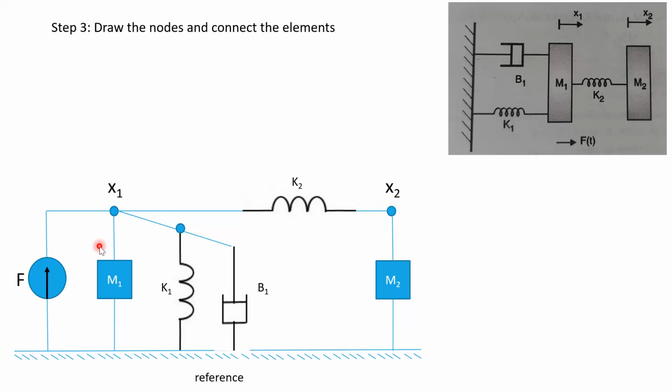If I observe the x1 node, it has three components, that is m1, k1 and b1, which are directly connected to it and the reference node, and it has an input force F. So our incoming force here is force F, and this force will be opposed by the mass, by the spring and by the damper. So your force equation will be F equals Fm1 plus Fk1 plus Fb1.